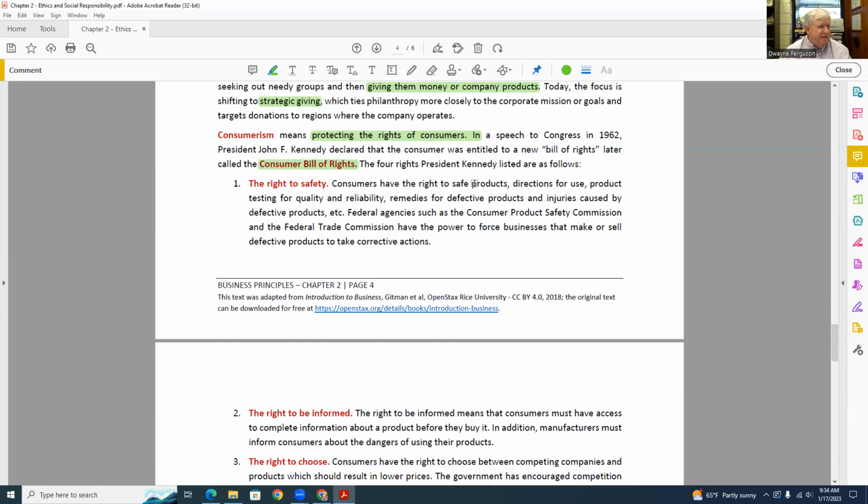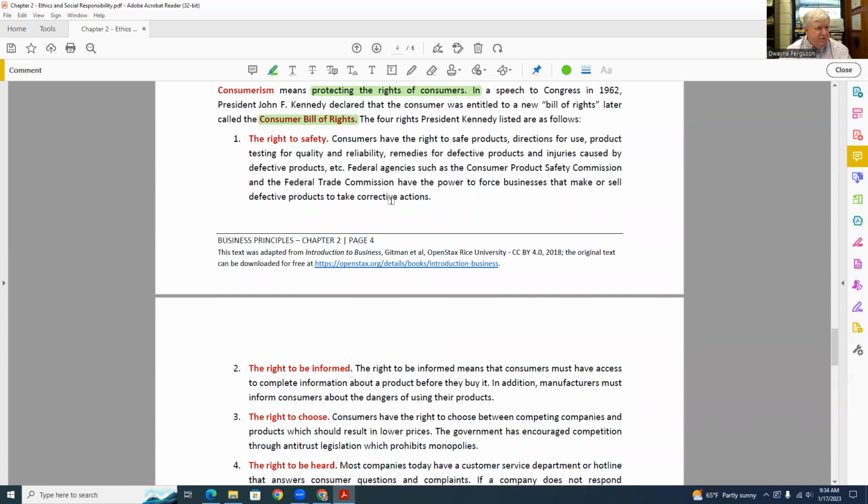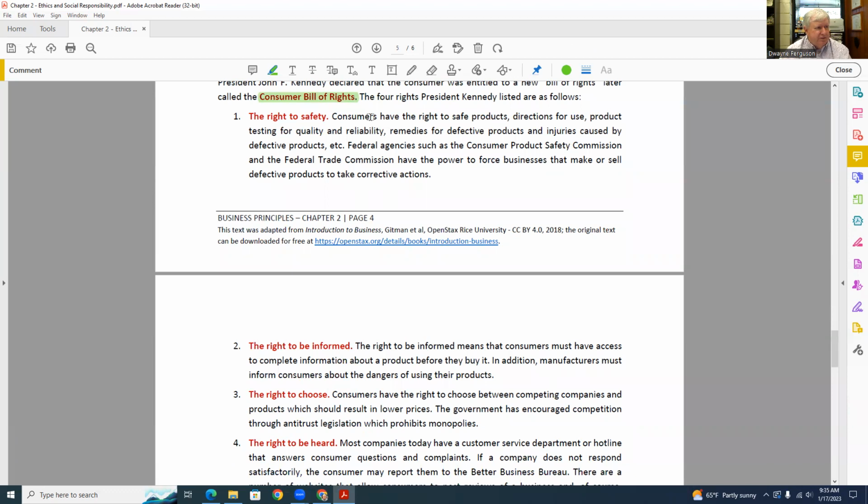And basically he said that you and I as consumers have these rights. We have the right to a safe product. On the product, there will be directions, and there'll be ingredients and all kinds of stuff on a label or in the packaging.